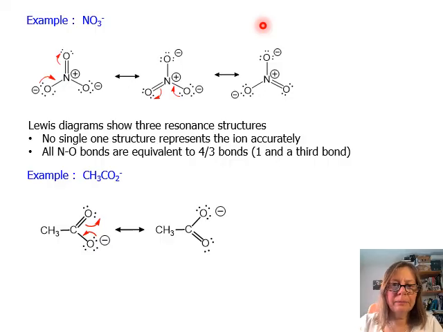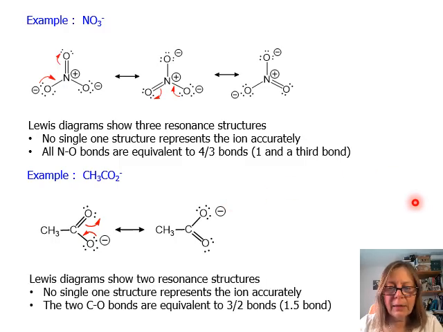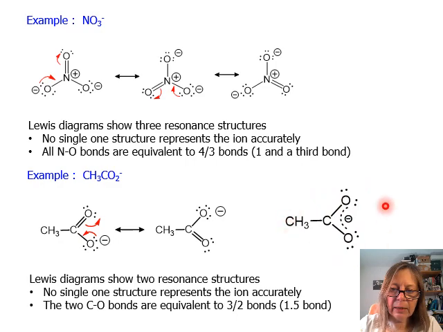Here again, neither of these Lewis structures represents the acetate ion accurately. The reality is that the electrons are delocalized between the 2 oxygens. We can represent it like this.